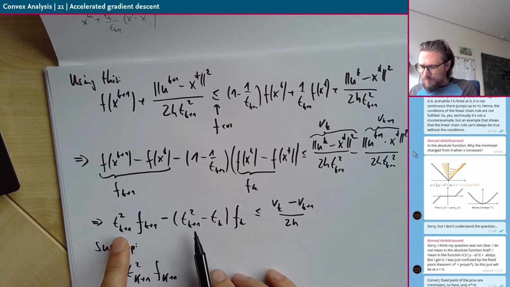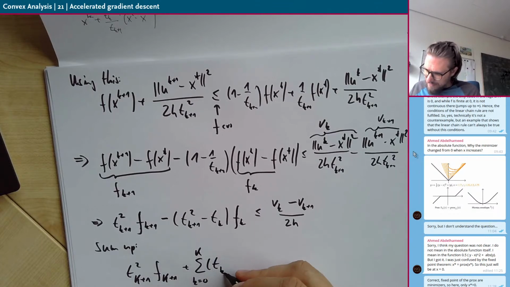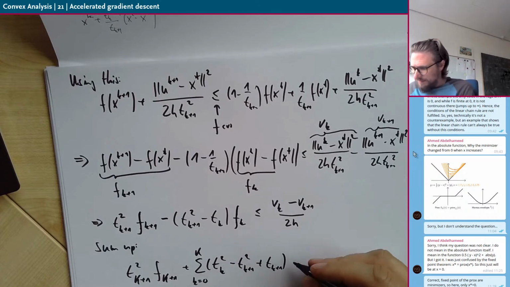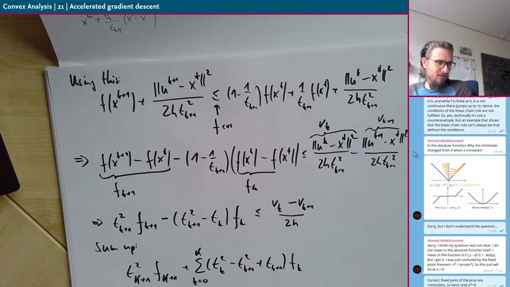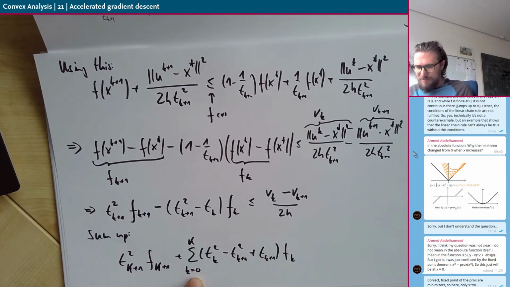Here the terms do not really cancel, but we just put them under a large sum, where k goes from 0 to capital K. And here we get, if we look carefully, t_k² − t_{k+1}² + t_{k+1} times f_k. So this is the left hand side summed for k from 0 to K plus 1: this is the last one, and all the others we put together like that.